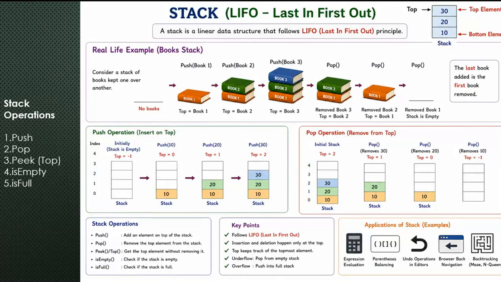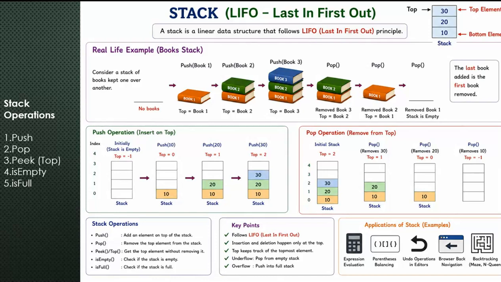Right. Let's understand the basic operations of a stack. There are 5 basic operations. Number 1 is push. Push means inserting an element onto the stack. Number 2 is pop. Pop means removing the top element. Number 3 is peek. This returns the top element without removing it.